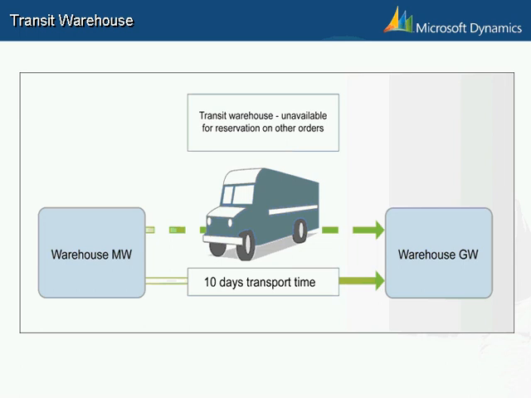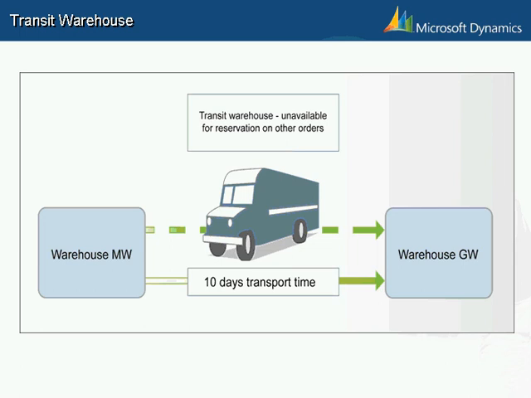So these items are issued from the default warehouse, and they are not yet received to another default warehouse. So they are pre-allocated in the transit warehouse.